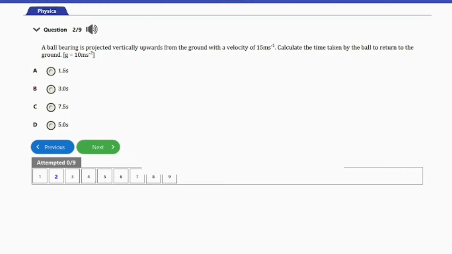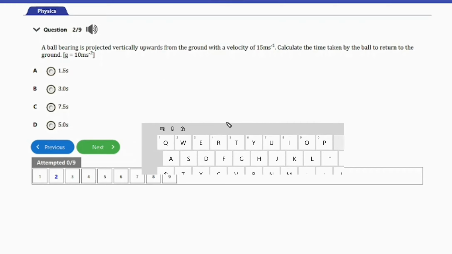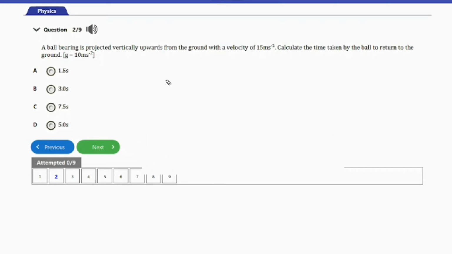If we go ahead and use v is equal to u minus at here, we have that the acceleration due to gravity is 10 meters per second squared, our v here is the final velocity, which is actually 0 in this case, and our u is the initial velocity which the ball went with, that's 15 meters per second.